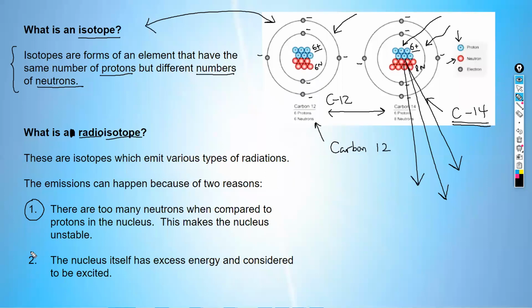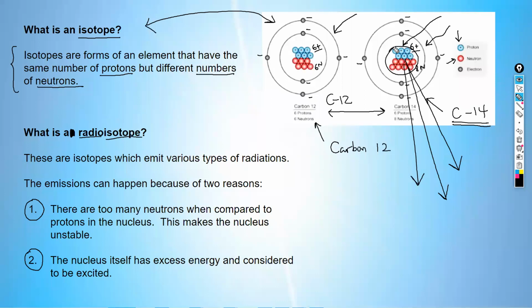Another reason why the atom might be sick is that the center of the atom, the nucleus, has too much energy. You don't have to worry about why it has too much energy. That's not on your syllabus. But whenever a nucleus has too much energy, you just call it excited.